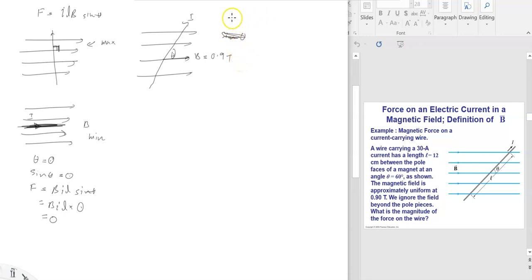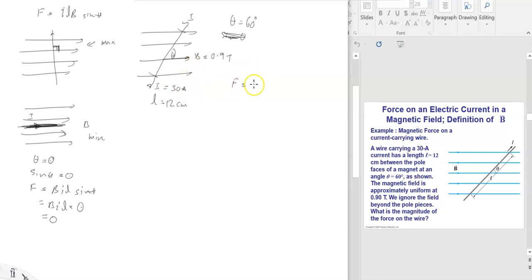Theta is 60. Length L is 12 centimeters. And the current it carries, I, is 30 amps. Asking what's the force?